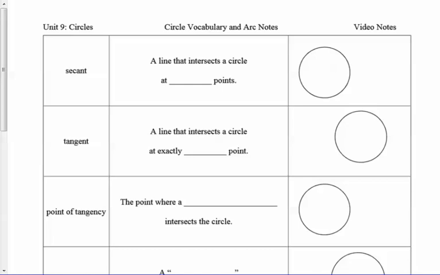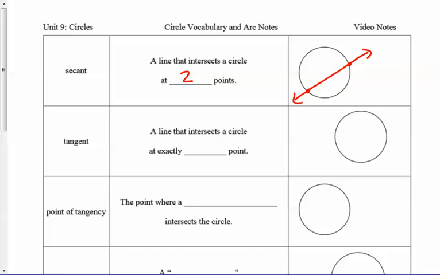Okay, so a few other types of segments and lines. A secant is a line that intersects a circle at 2 points. So if this line, notice it continues infinitely throughout, right?